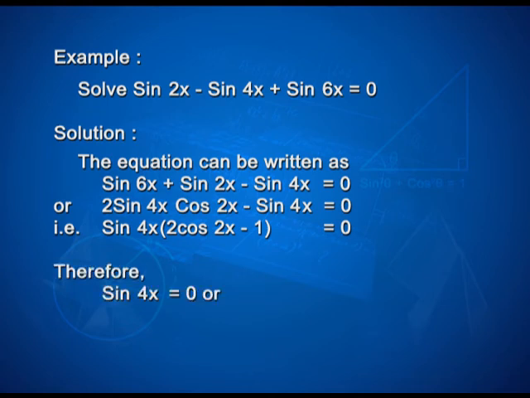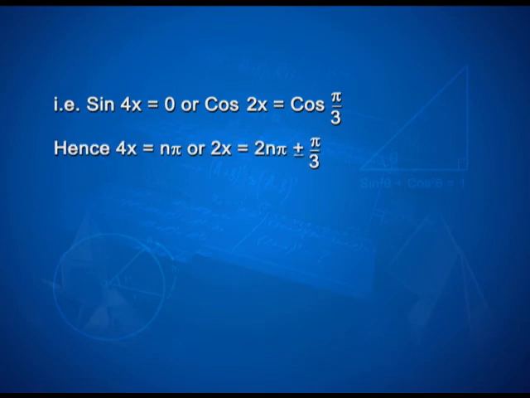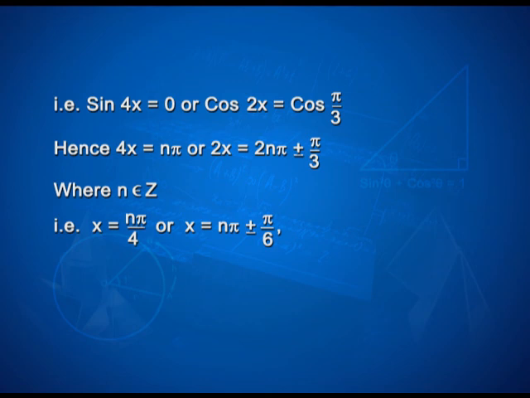Therefore, either sin 4x is equal to 0 or cos 2x is equal to 1 upon 2. That is sin 4x is equal to 0 or cos 2x is equal to cos pi upon 3. Hence, 4x is equal to n pi or 2x is equal to 2n pi plus or minus pi upon 3, where n belongs to z. That is x is equal to n pi upon 4 or x is equal to n pi plus or minus pi upon 6, where n belongs to z.